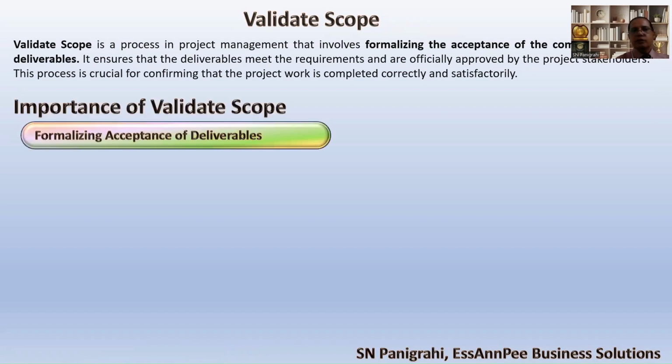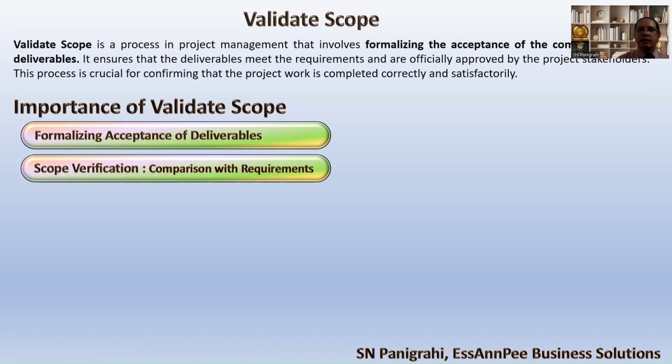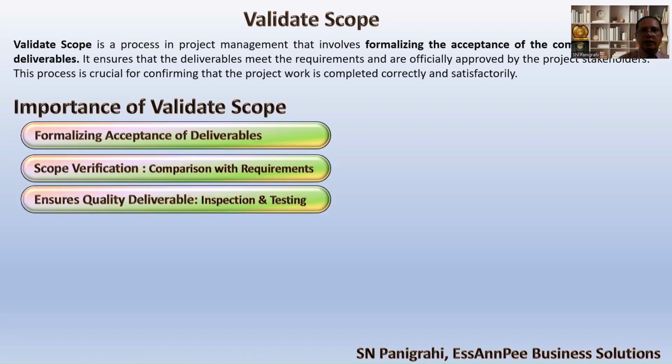The importance of validate scope is that it formalizes the acceptance of the deliverables by the concerned stakeholders. Then scope verification, that is the comparison with the original requirements or plan. Then ensuring quality deliverables, where inspection and testing also have to happen in the validation stage.